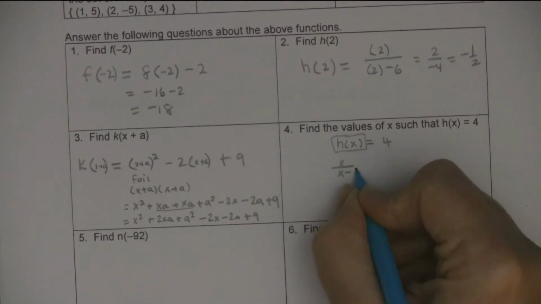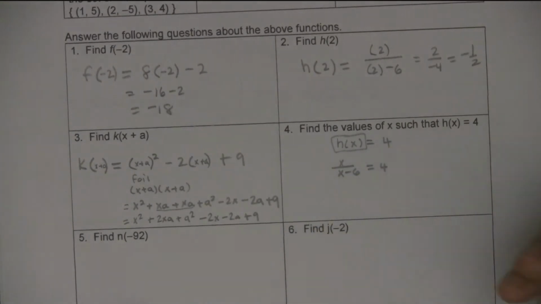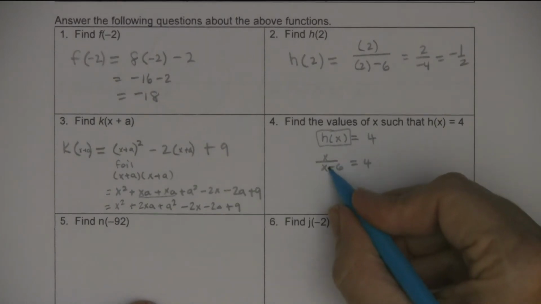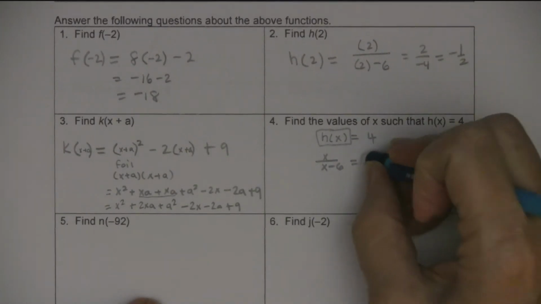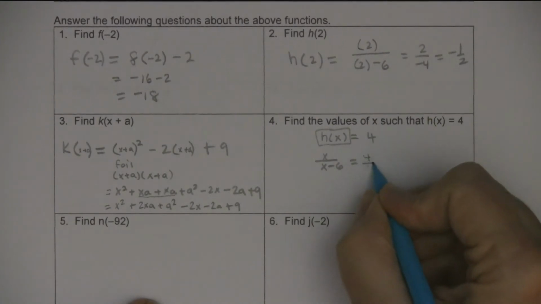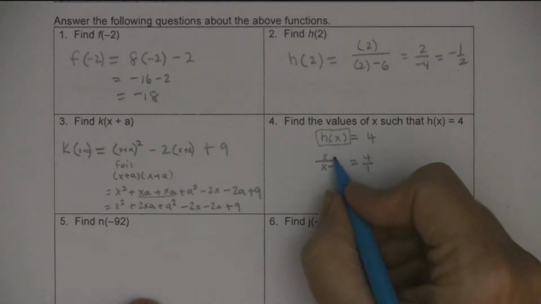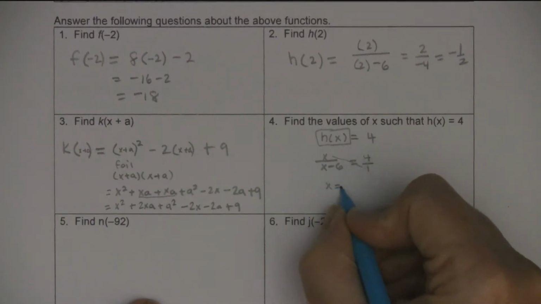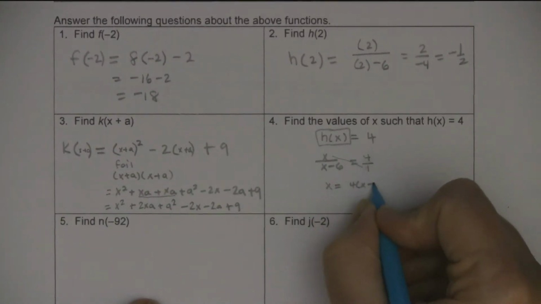And then this gives us something that we can solve for x. You could write this as a fraction on this side, write it as 4 over 1, and then cross multiply. I love to cross multiply, and since it's possible, that's what I would do here. So this is 1 times x is x, and 4 times x minus 6.